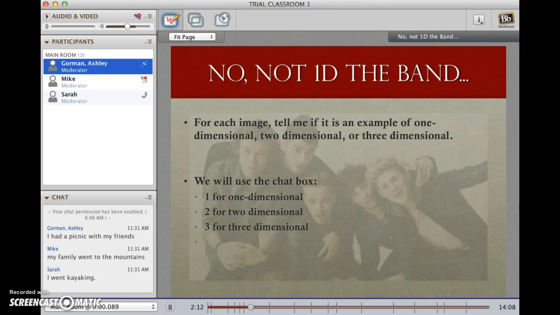Thumbs up if you understand the direction. That's going to be under your name where that smiley face is. Thumbs up if you understand the directions. Mike's got it. I'm waiting on Sarah to see if she's got it. Underneath her name, there should be a thumbs up. Hopefully Sarah's still there.